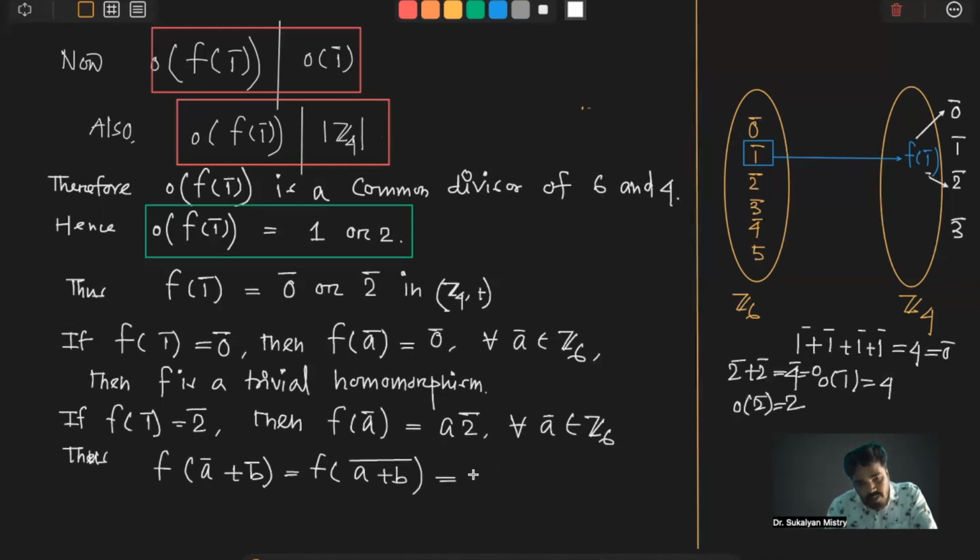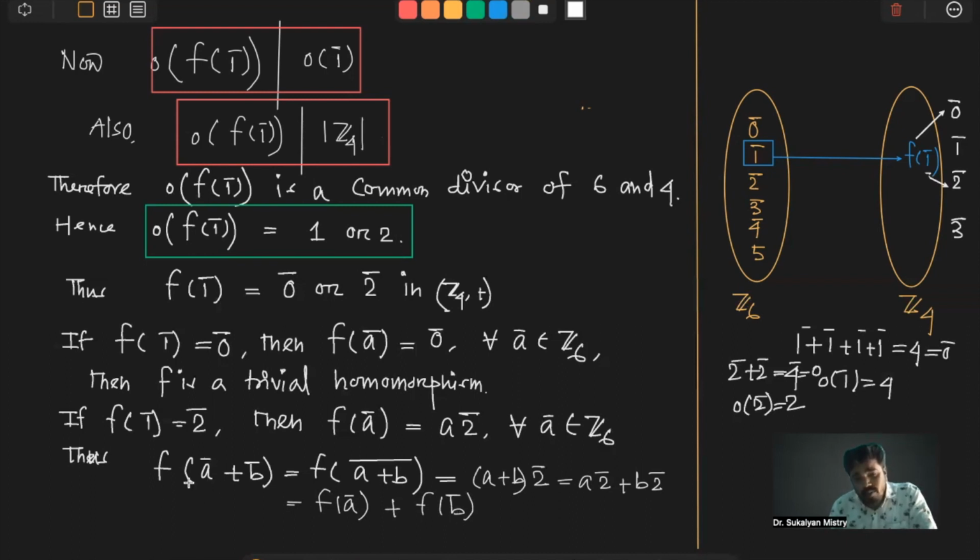So f of a bar is a 2 bar. Just consider a plus b as a, f of a bar is a 2 bar, so f of a plus b is a plus b 2 bar, so this is a 2 bar plus b 2 bar. So a 2 bar is f of a bar, b 2 bar is f of b bar.